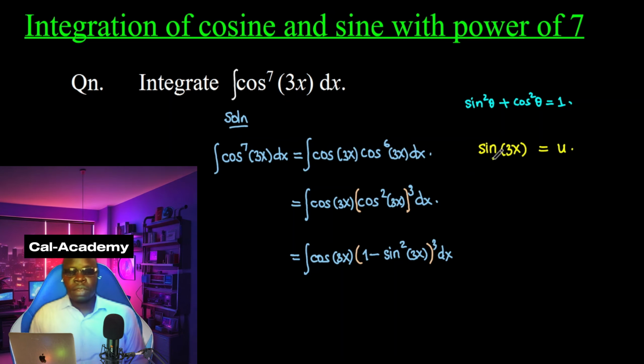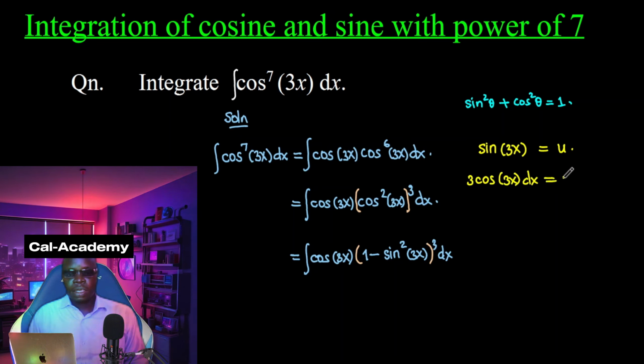Now we can differentiate sine 3x with respect to x. So from here, using chain rule, which we already learned earlier on, if you have not known, check my channel and you also go ahead and find out this derivation. So the derivative of sine 3x is the same as 3 cosine of 3x with respect to x.